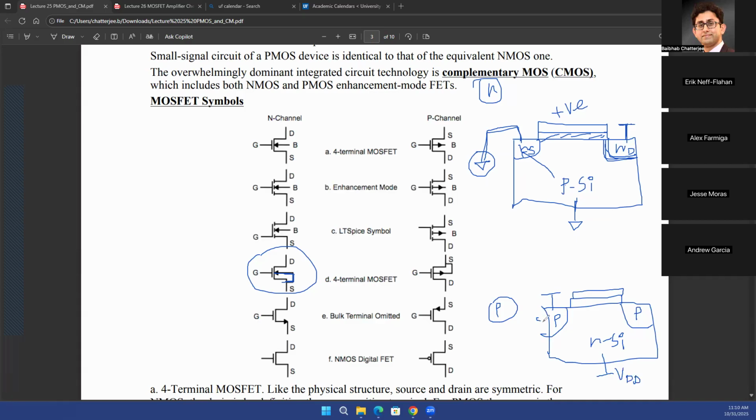The source is here, the drain is on this side, and your current flow is from source to drain. The source terminal is at VDD, and the body terminal should also be at VDD so that the PN junction diodes do not become forward biased. So again, that is the reason why the source and body terminals will be connected together for most scenarios for PMOSs.